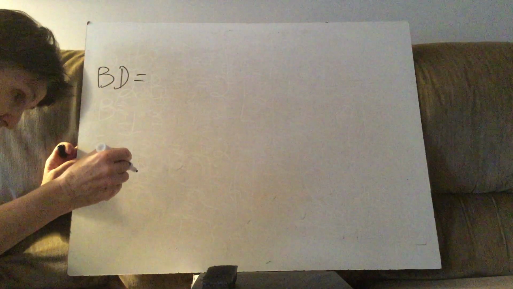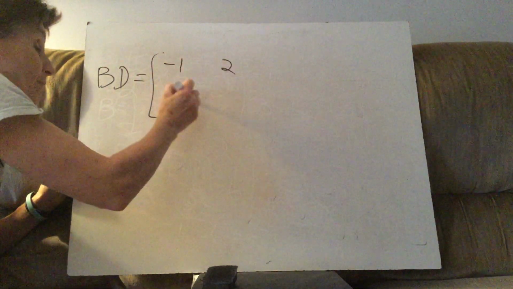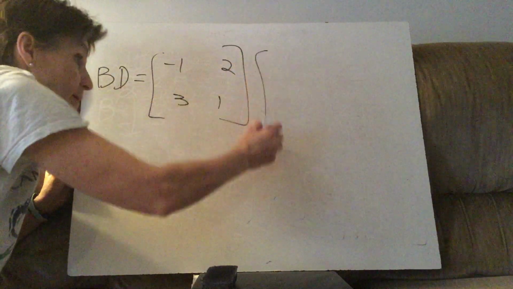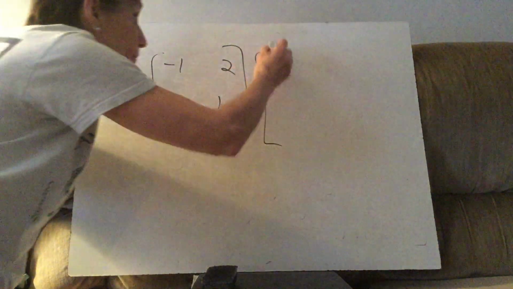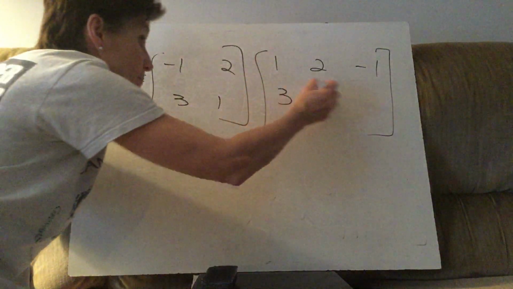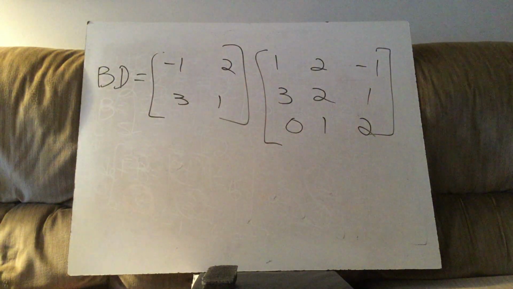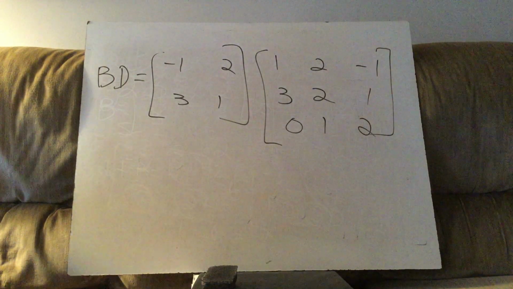And now we have another multiplication to do. So, oh shoot, matrix B again. And then D. And we're going to multiply these. Oh, no, we're not.